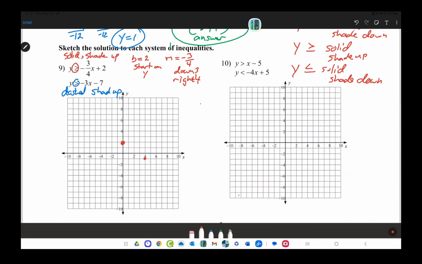And we can keep going. We don't have to. 4 points does make it easier to plot, but okay, it's solid, and we are shading up.